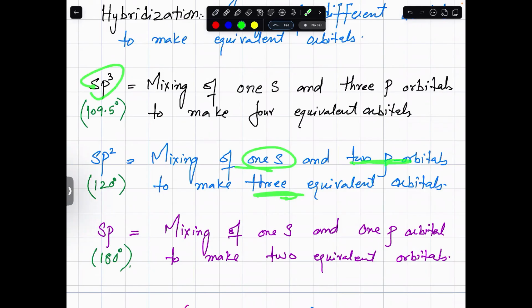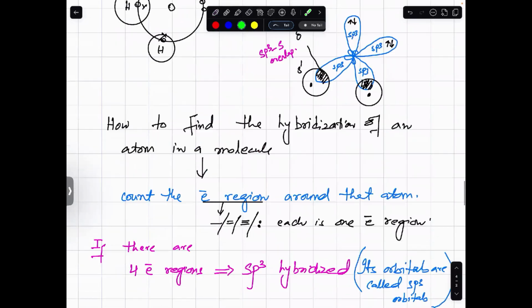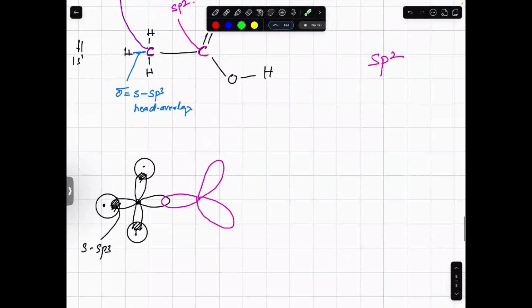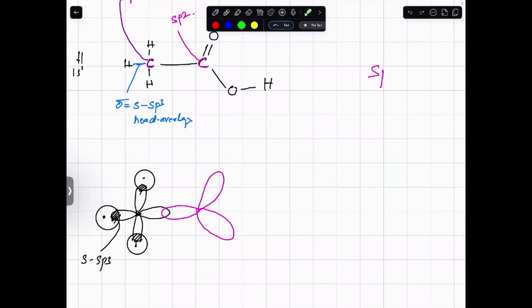If there are sp3, they would be 4. If there are sp2, they would be 3. If there are sp, they would be 2. The orbitals are not equal in size because I agree my drawings are not good, but I try to make them equal. So this is sp2, sp2.